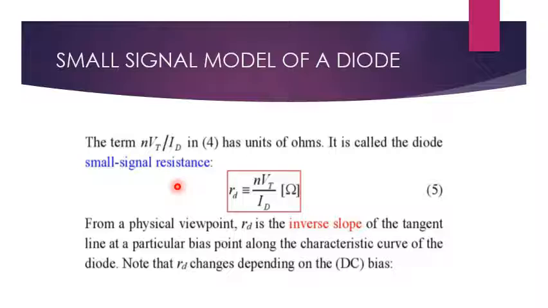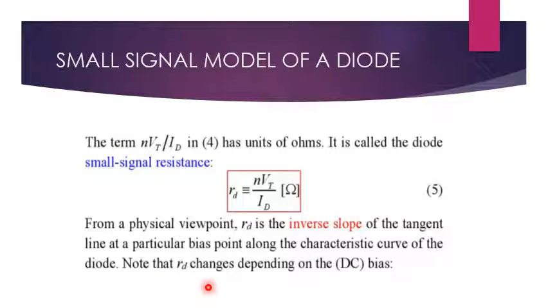We take this term eta V_T by I_D as r_d, which, from the physical viewpoint, is the inverse slope of the tangent line at a particular bias point along the characteristic curve of the diode.